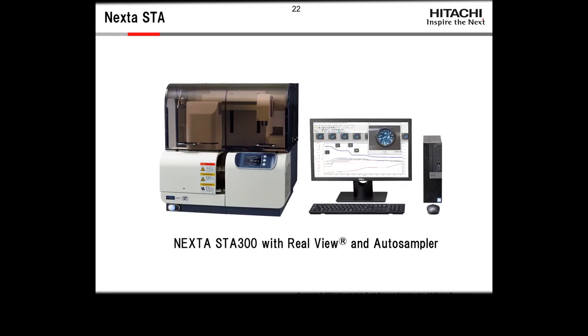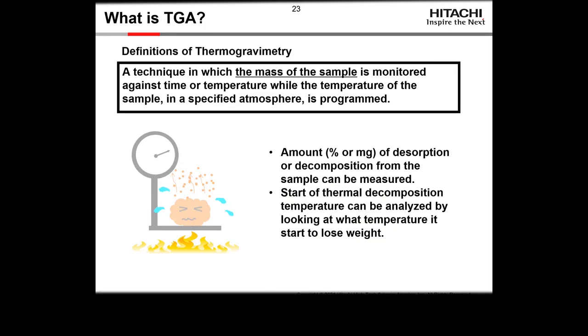And we offer the Nexta, and it is shown here with the auto sampler and the Real View system attached inside the protective hood that keeps your fingers from getting caught by anything. You can see here on the screen, we show not only the weight loss curves, but also the images that would come from the Real View system. And we'll talk about Real View a little bit later.